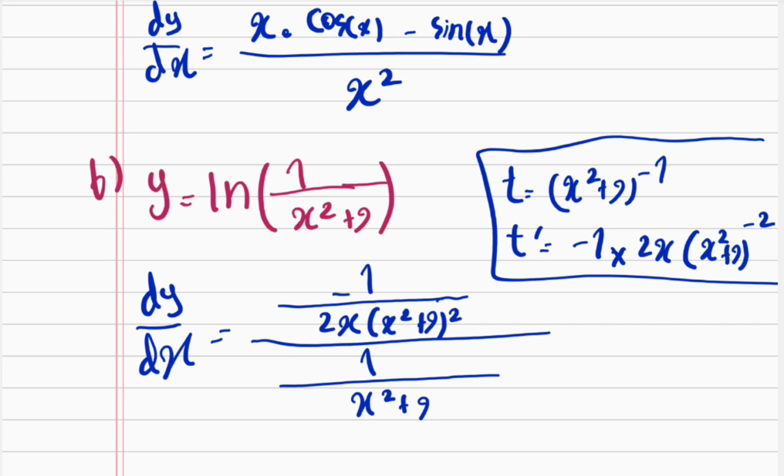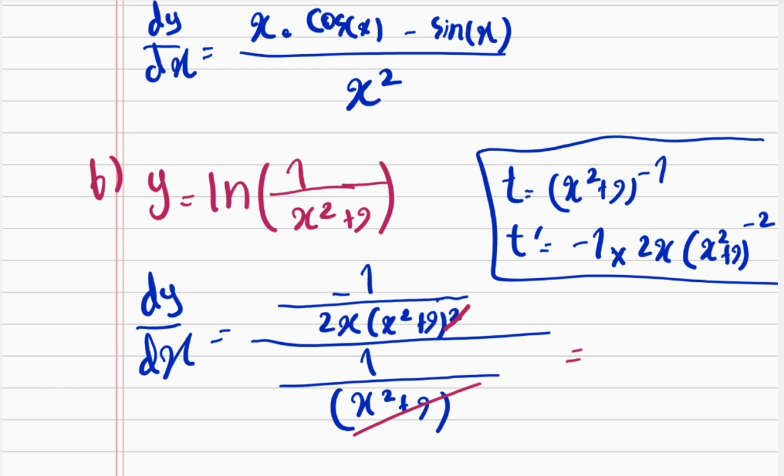Okay, so this is basically the answer, but we can simplify this because we have x squared plus 9 here and also x squared plus 9 squared here. So this square will be cancelled out with this bracket here in the denominator. And finally, we are going to have, sorry, I just made a mistake.